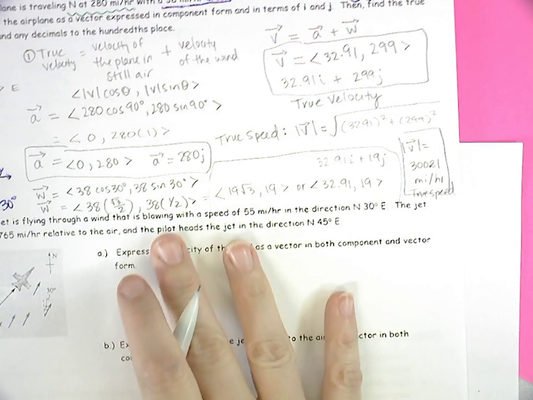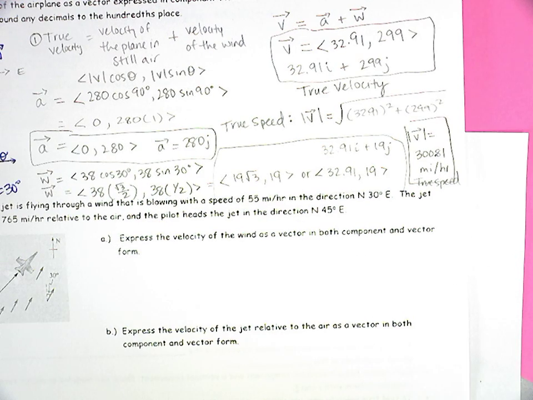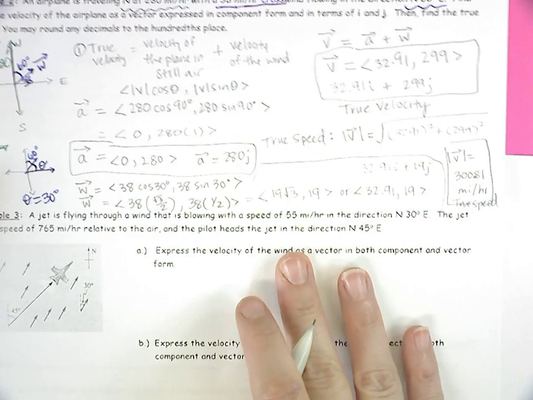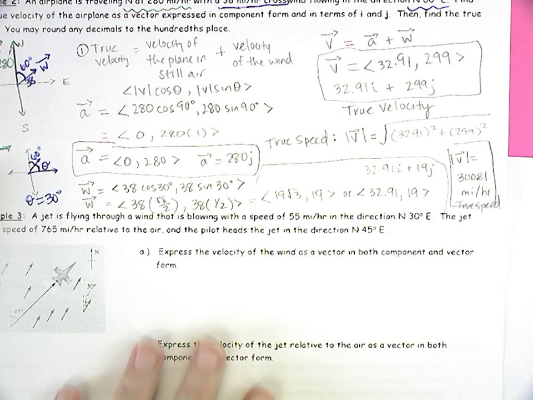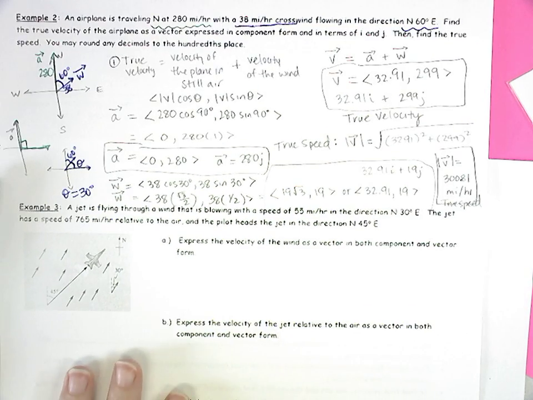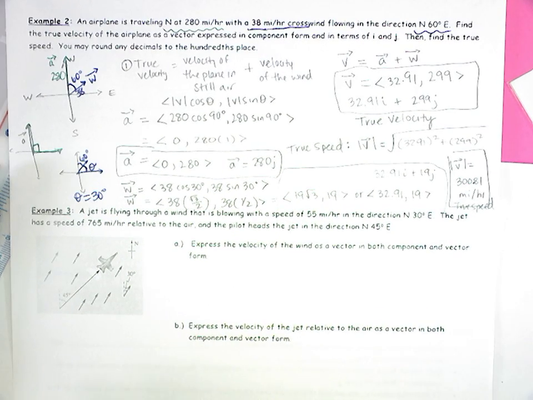That's going to be our true speed. For this one, it doesn't ask us to find the direction, so we can actually stop there. Our next example will ask us to find the direction, so that's definitely something we're going to use the tangent of theta for. Okay, so you start part A.